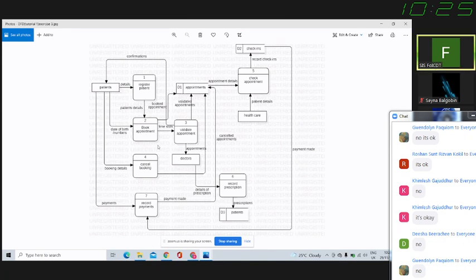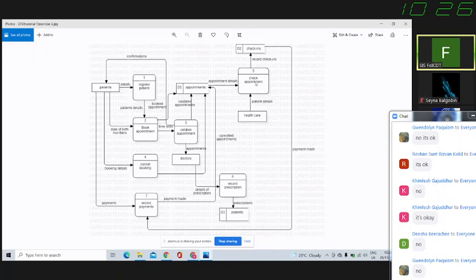Then you have check appointment, maybe validate appointment or confirm appointment. This process you have not mentioned, but I have found it. The name, just change it. You have check-in, then from check-in you go directly to payment.